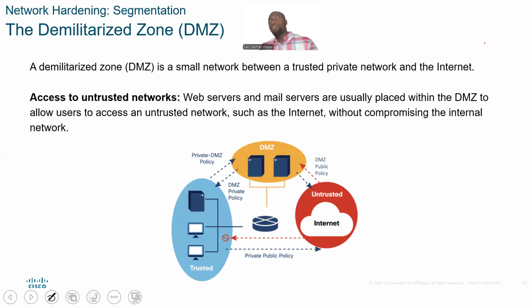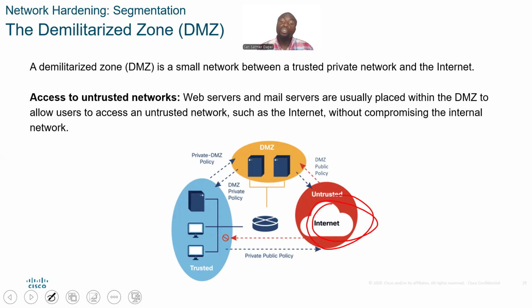Now, what are we talking about here? We're talking about the fact that you have a network. And in your network, for instance, you see in this diagram, this is the internet. So the internet we refer as untrusted. Why do we refer it as untrusted?